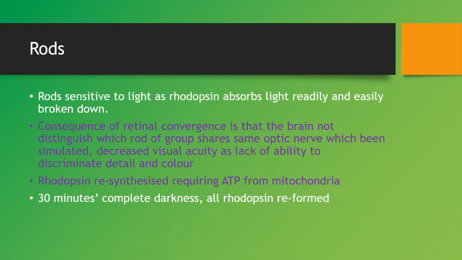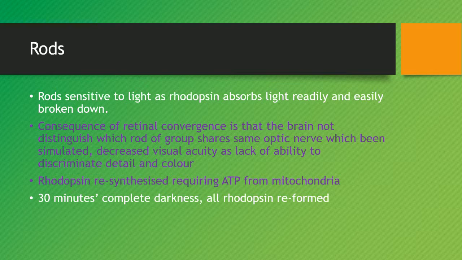So rods are sensitive to light as rhodopsin absorbs light readily and is easily broken down. The consequence of this is that rods also display retinal convergence, so the brain does not distinguish which rod of a group sharing the same optic nerve has been stimulated, meaning there's decreased visual acuity as there is a lack of ability to discriminate detail and color.